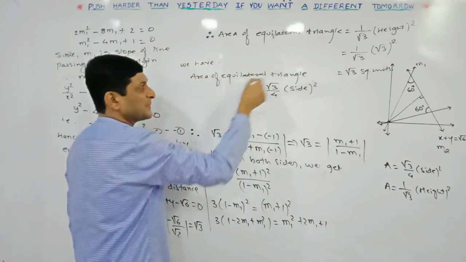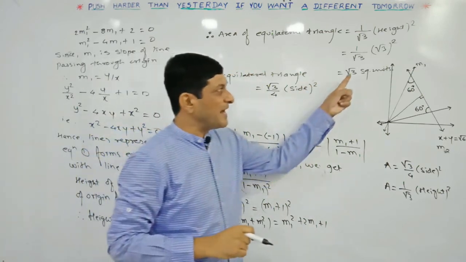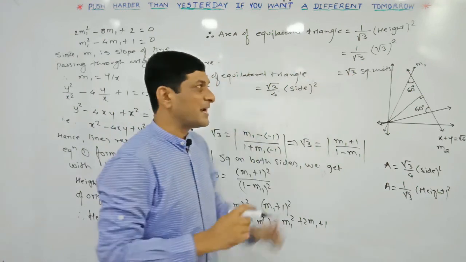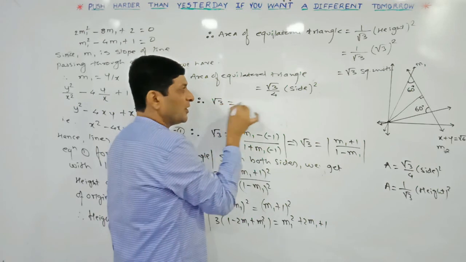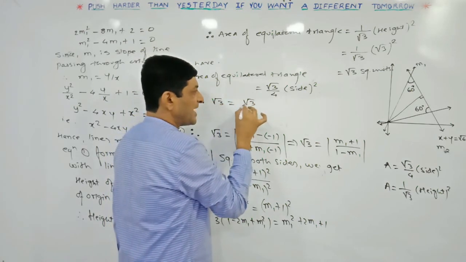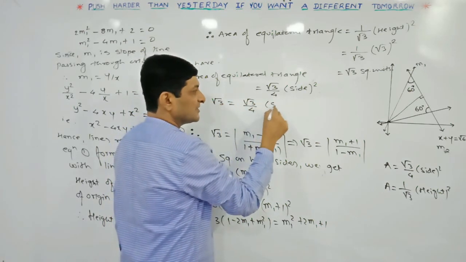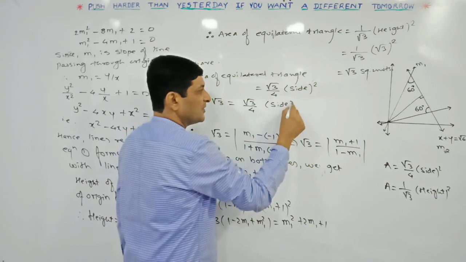So on this side I am replacing area of equilateral triangle by its value. Just now we have got the area of equilateral triangle is equal to root 3. So here replace it by root 3. On this side root 3 by 4 as it is, and side square also as it is.